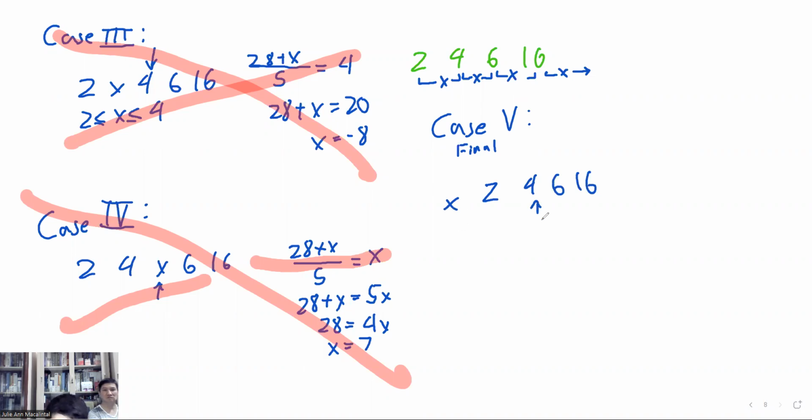This time 4 will be the median. Then x will be equal to -8.